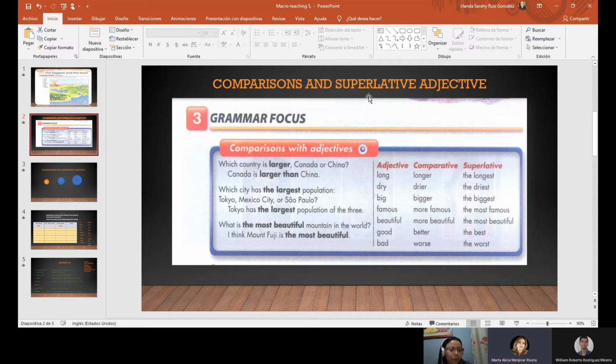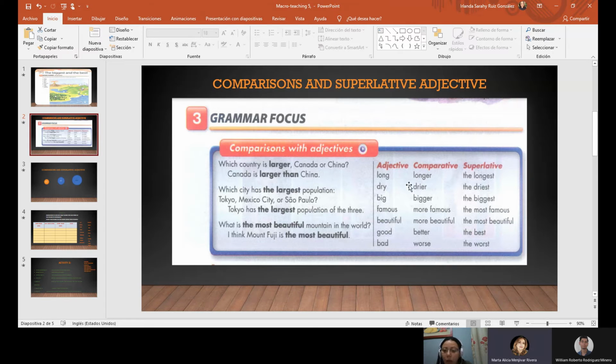For this reason, I want to remember some of the adjectives that we will use for this class, such as long, dry, large, big, famous, beautiful, good, bad, and so on.